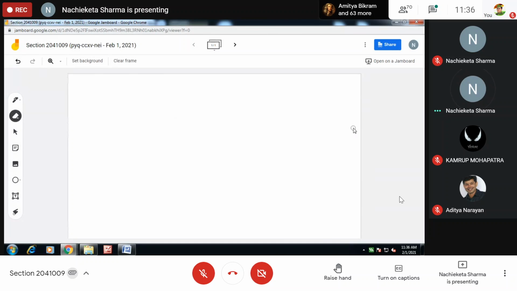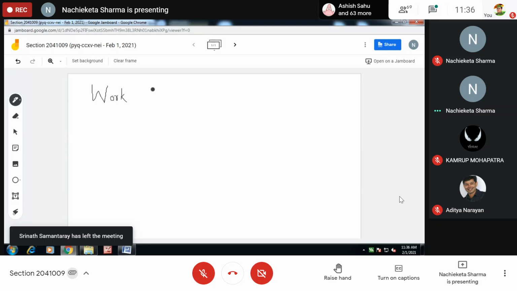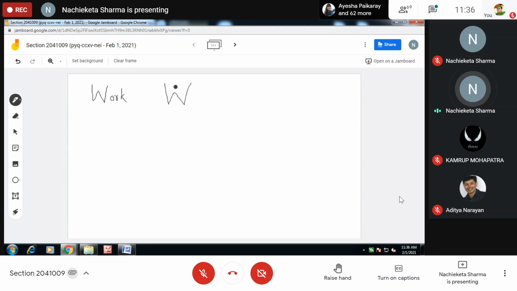Work. For work, we'll use the symbol capital W, because small w we are using for weight. And you know, work is actually done by a force.